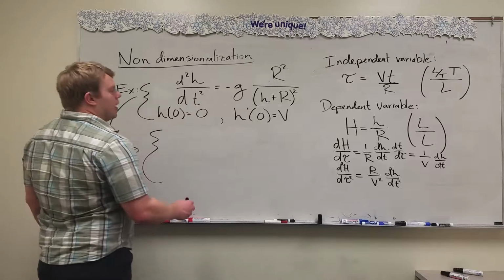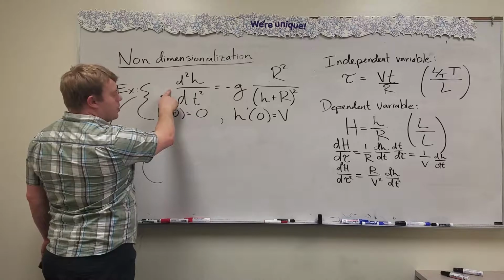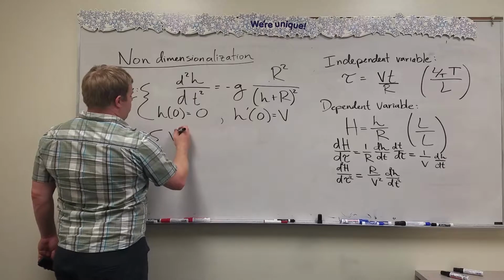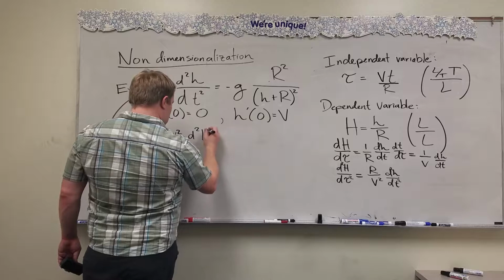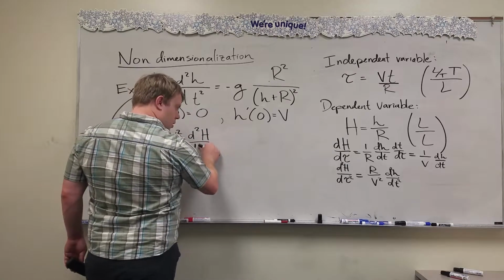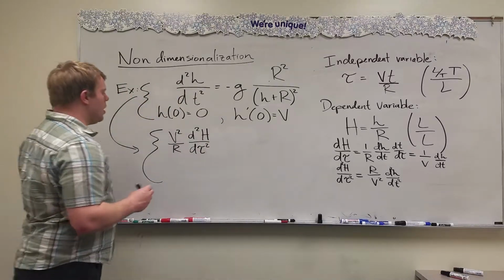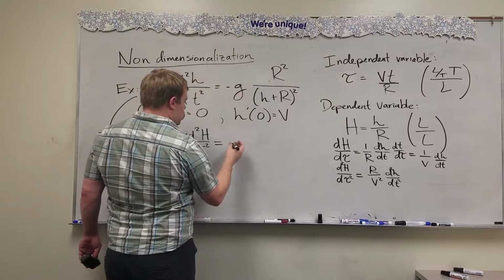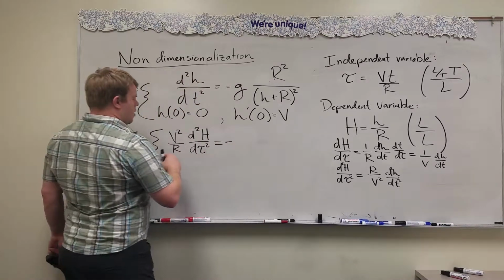Okay, and so when we make the change of variables from little h to big H, the left-hand side is going to become v squared over r times d squared big H over d tau squared. Then this equals, on the other side, I know that g still has dimensions, but so does v squared over r.